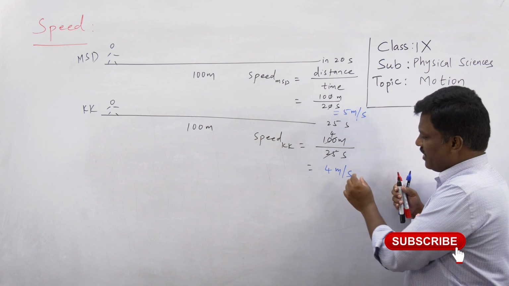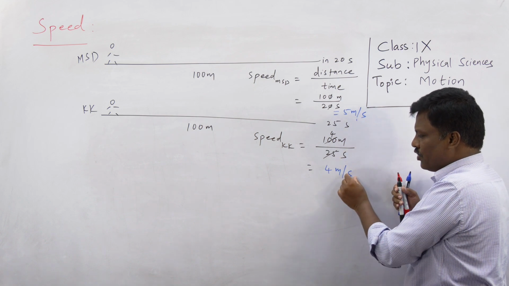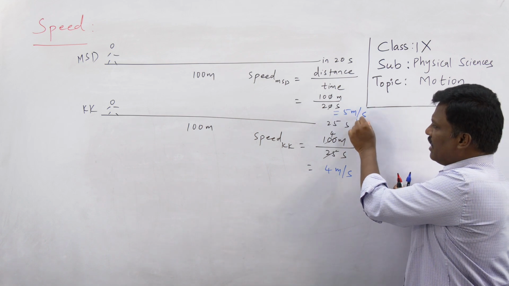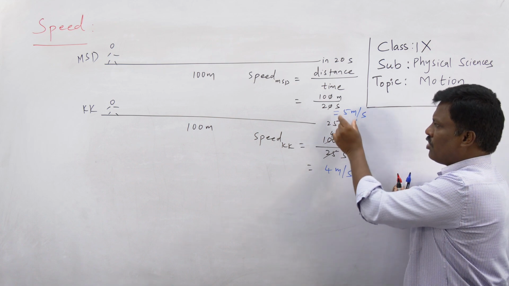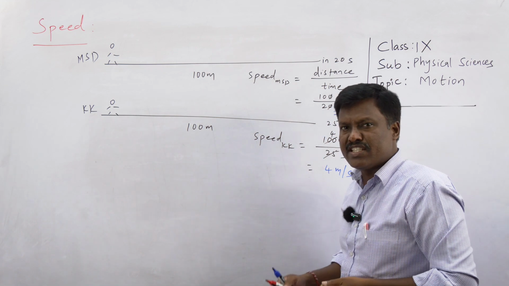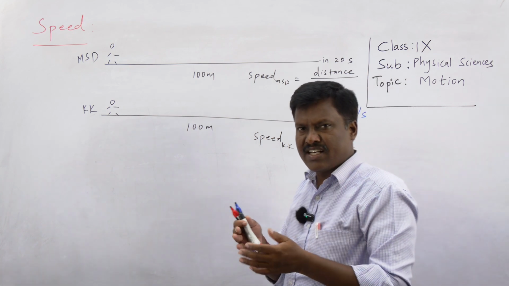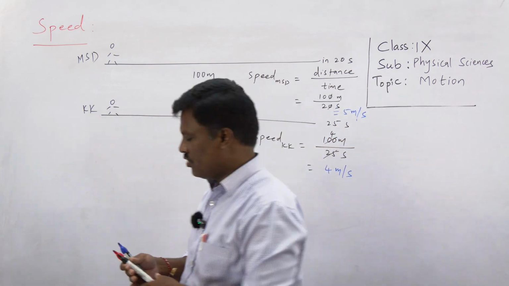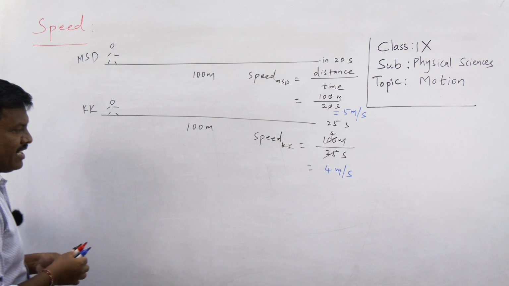Yes. See, here we have taken 1 second. It is a unit time. With the help of this unit time, we measure the distance traveled by an object. Then we can understand which is faster and which is slower. We can compare the speed of two objects. So from this example, what can we understand?